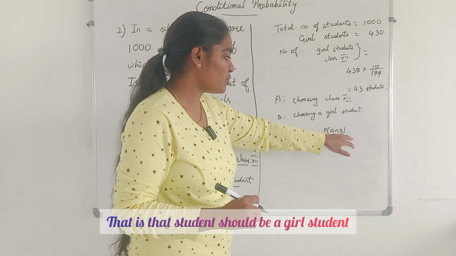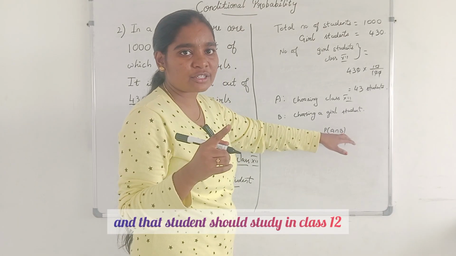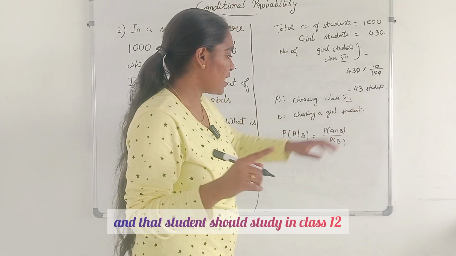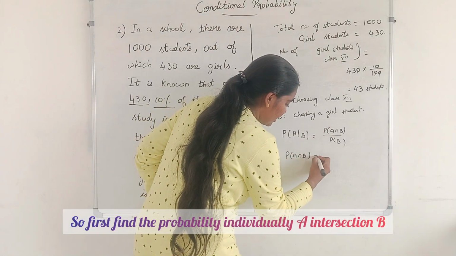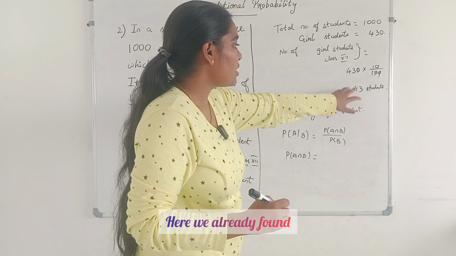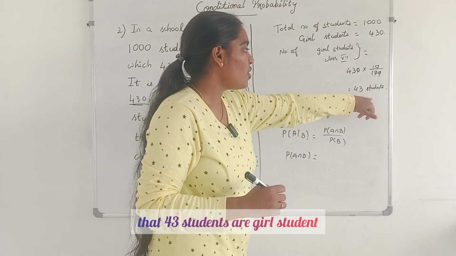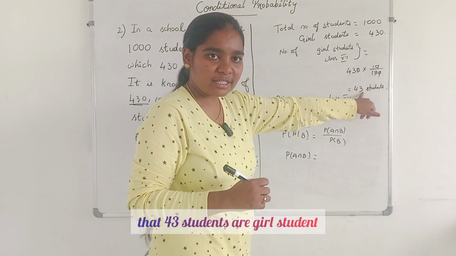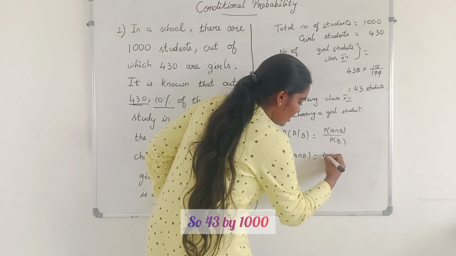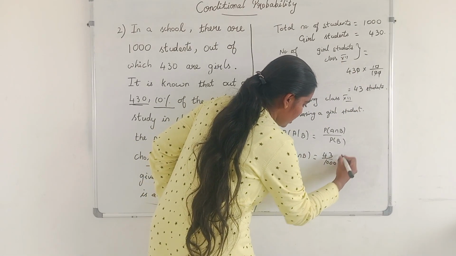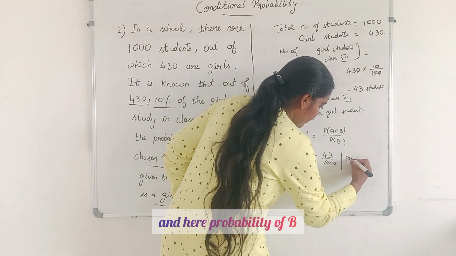That is, that student should be a girl and that student should study in class 12. So, first find the probability individually. A intersection B: here, we already found that 43 students are girl students studying in grade 12. So, 43 by 1000.